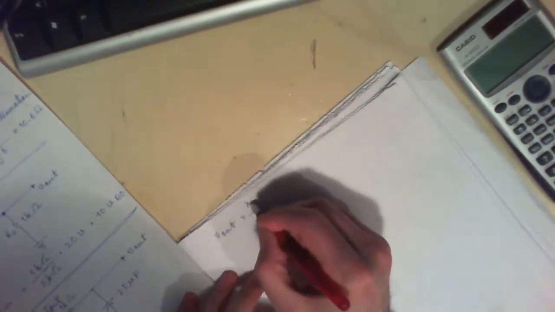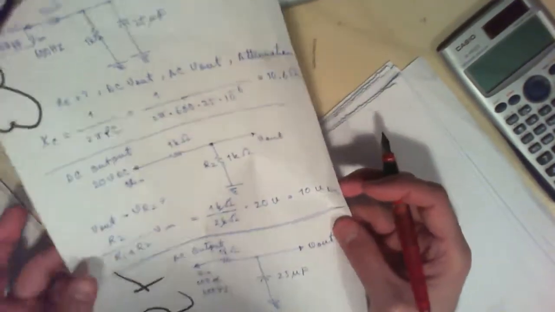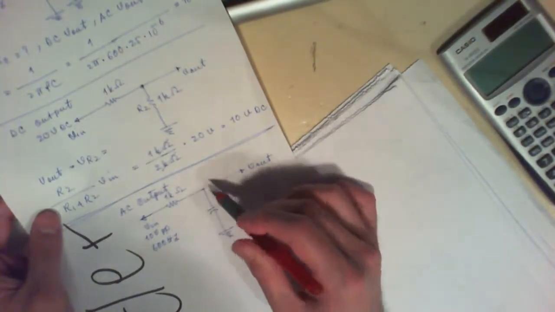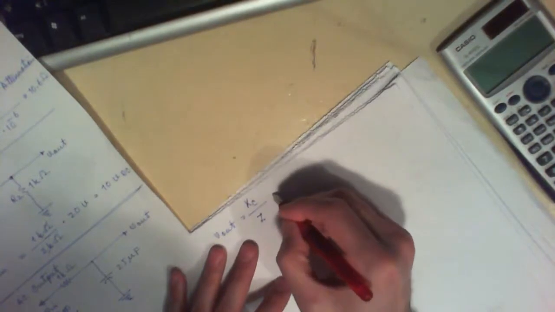The reactance is X of C at the frequency that we calculated, and you divide that by the total resistance in this circuit, which in this case is called impedance, times V of in.